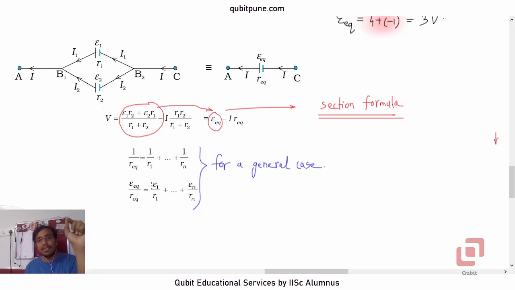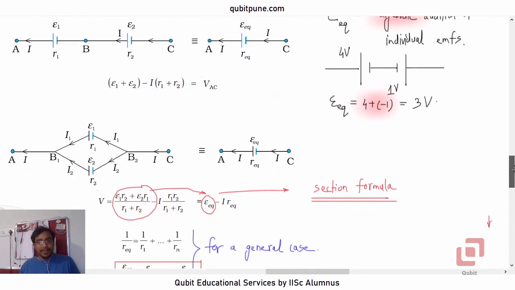And for EMF, you have to use this: epsilon equivalent upon R equivalent is equal to epsilon 1 upon R1 plus epsilon 2 upon R2, and so on till epsilon n upon Rn. So this is simply the junction rule. So yeah, let's move on.